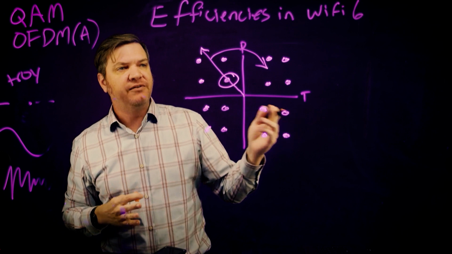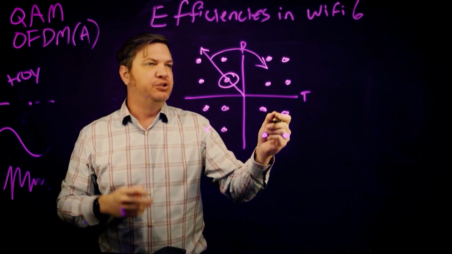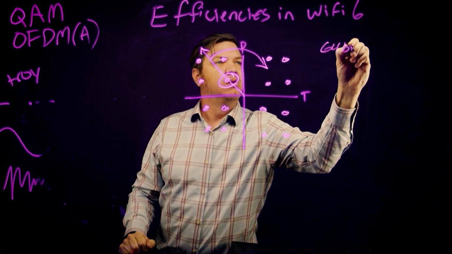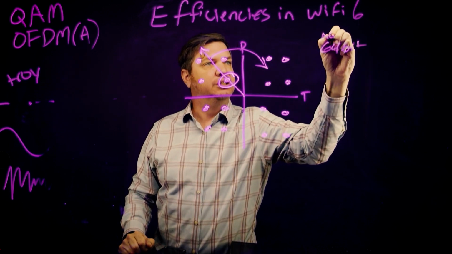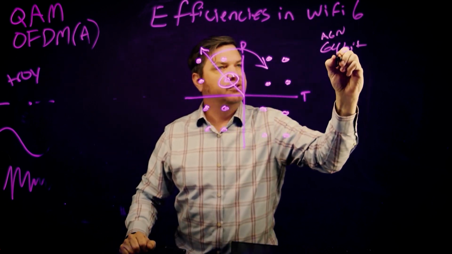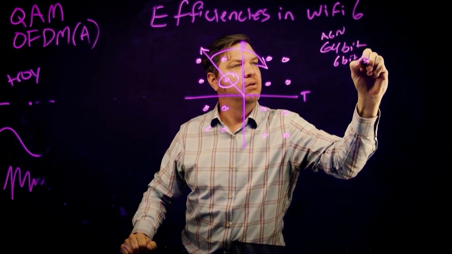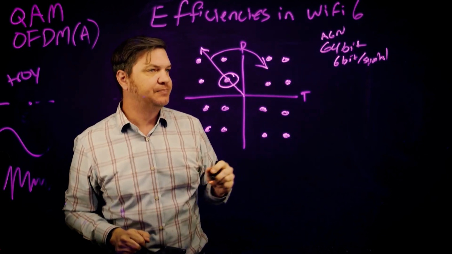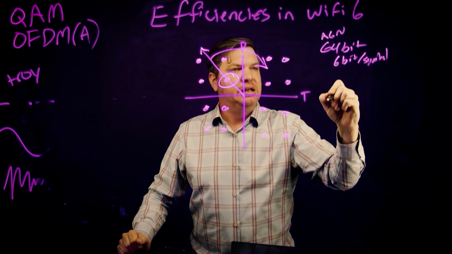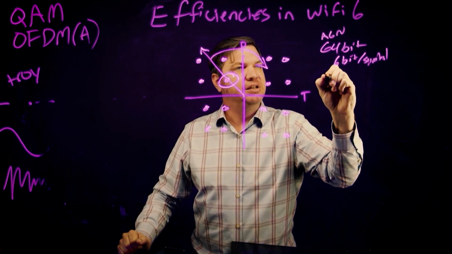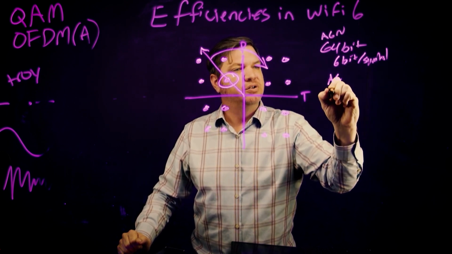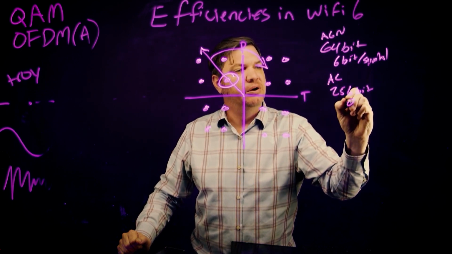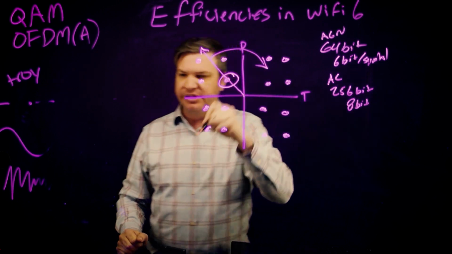Now, in Wi-Fi, in 802.11a, g, and n, we had 64-QAM, and this was 6 bits per symbol. So each of these symbols represented 6 bits. In 802.11ac, we got to 256-QAM, which allowed us to do 8 bits per symbol, but it also increased the density.